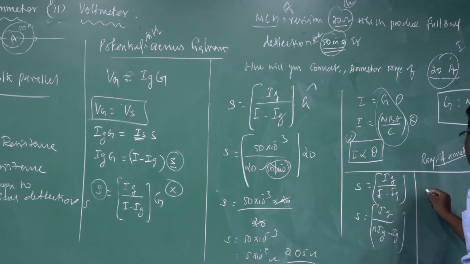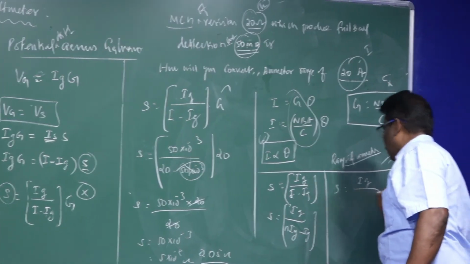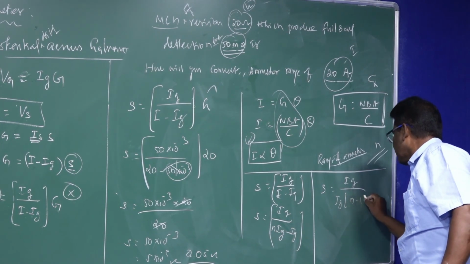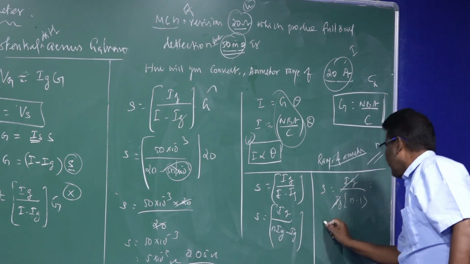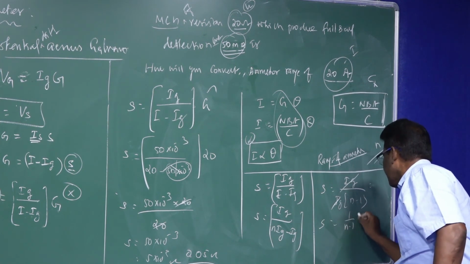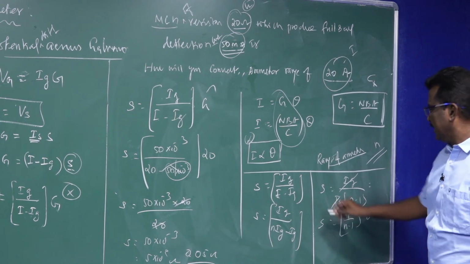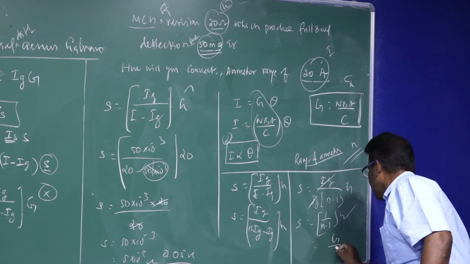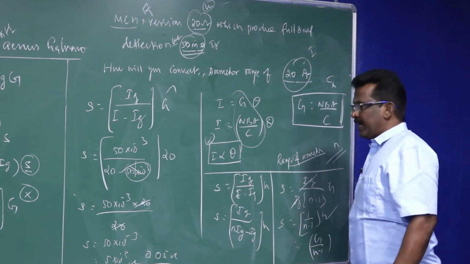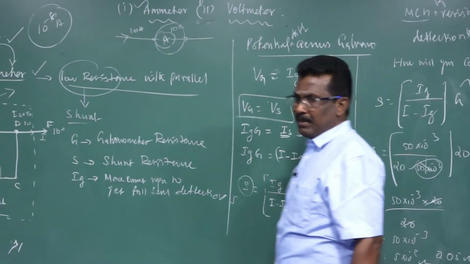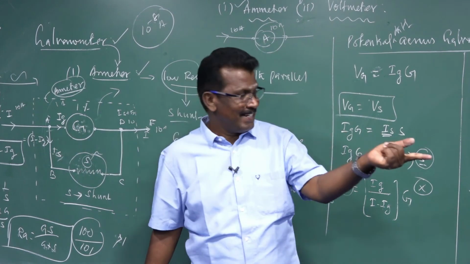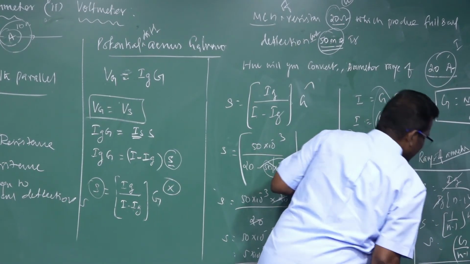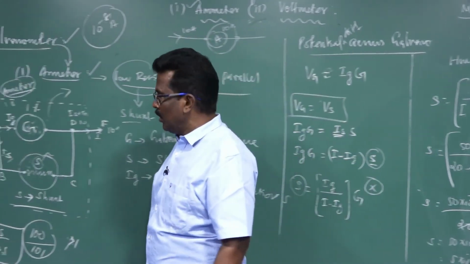Taking Ig common, S is equal to Ig divided by Ig times n minus 1; Ig cancels. So S is equal to 1 by n minus 1 into G, that is G divided by n minus 1. If the range of the ammeter increases n times, the shunt value is calculated by the formula S is equal to G divided by n minus 1.